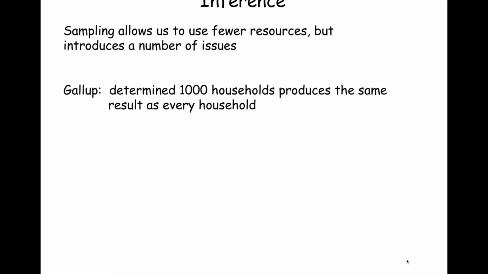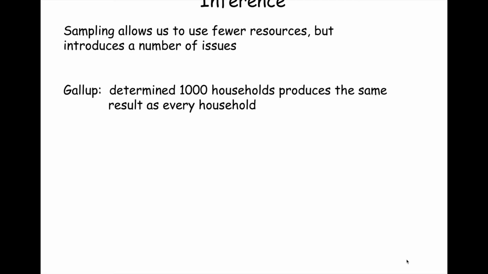Okay. All right. So last time when we left off, we talked about this idea of inferential statistics, and we talked about inference in general. And we said that when you sample, it allows you to use fewer resources, but using fewer resources when sampling introduces some issues, and that has to do with something called experimental design, how you go out to get these samples, these pieces of data from which you're drawing your conclusions.